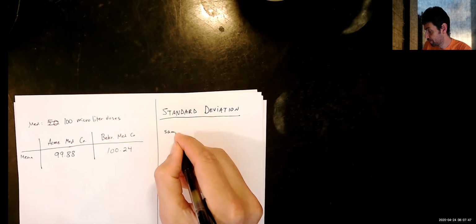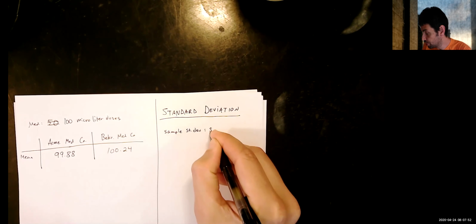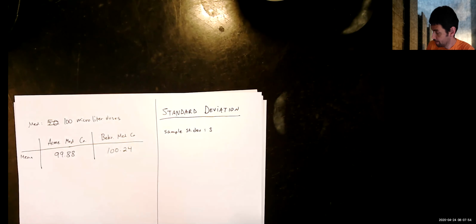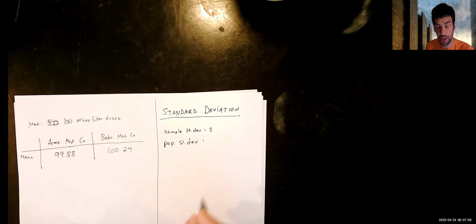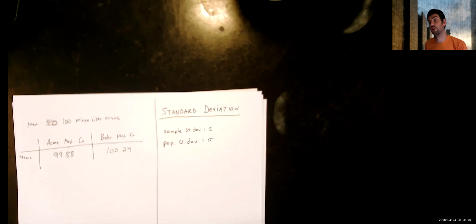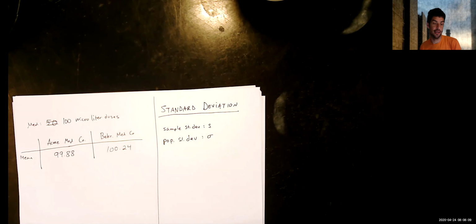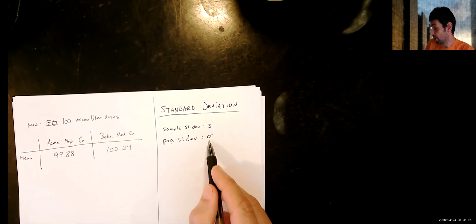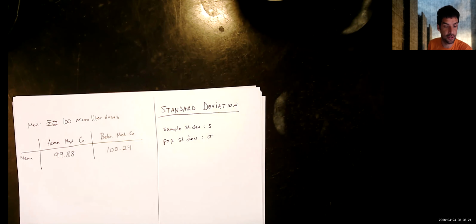So the sample standard deviation, we'll usually use the symbol S. And the population standard deviation, we use another Greek letter. This is called a sigma. It's a lowercase sigma. Okay, it kind of looks like a Q that's been rotated 90 degrees counterclockwise. Okay, so, and these are fairly standard. There's some places you might see something a little bit different.